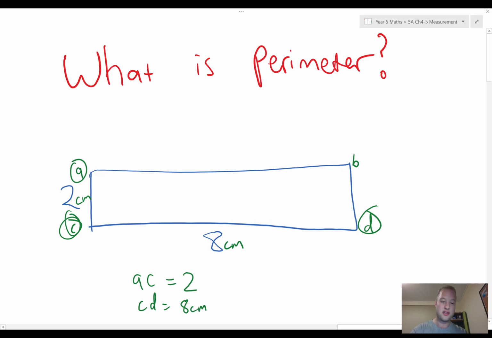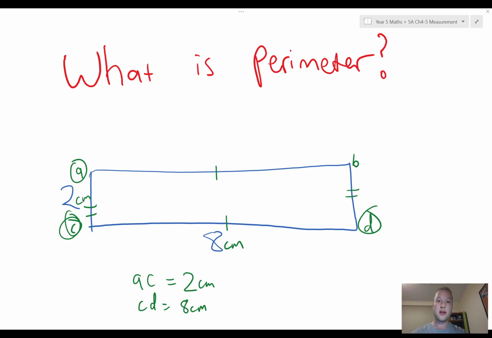And because it is a rectangle, this length here will be the same here, and this one here, if I do 2 lines, it'll be the same here. So that means that B to D is 2 and A to B is 8.